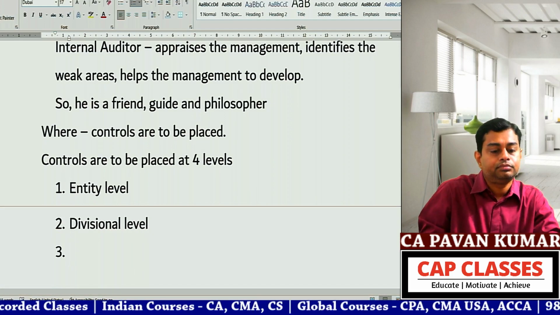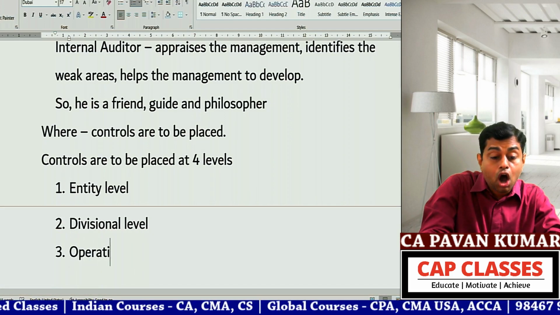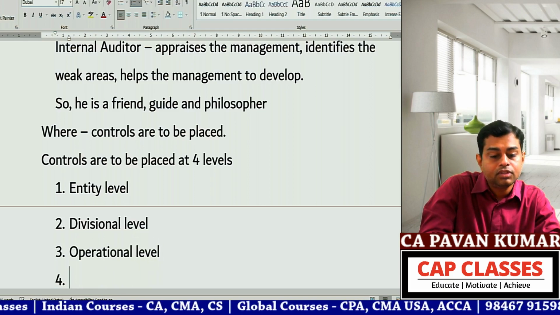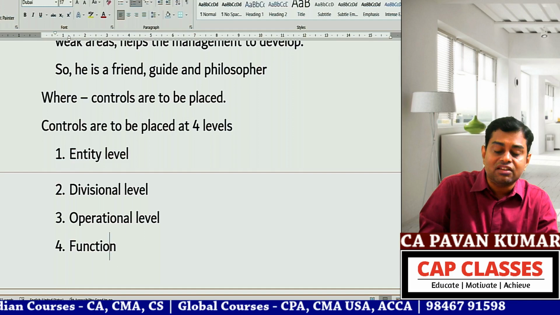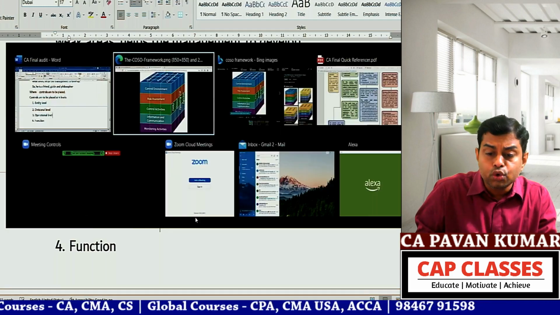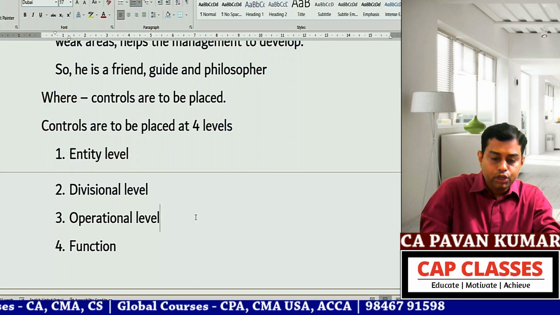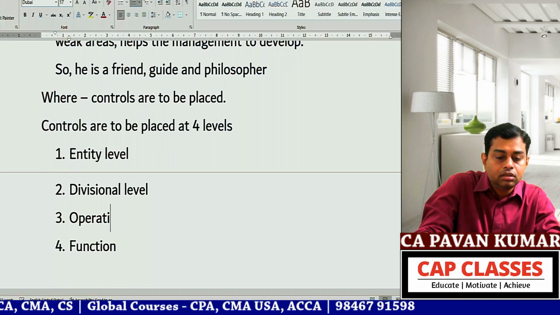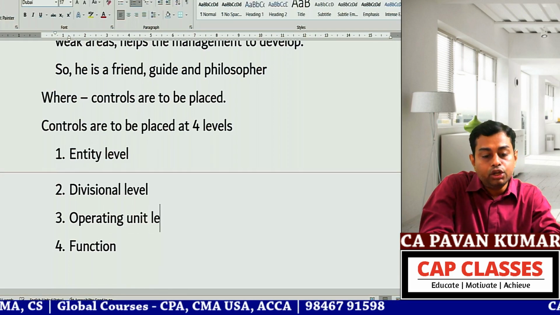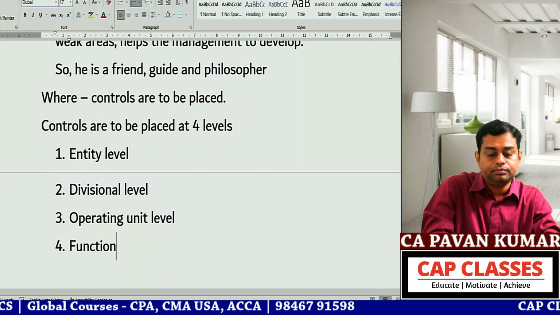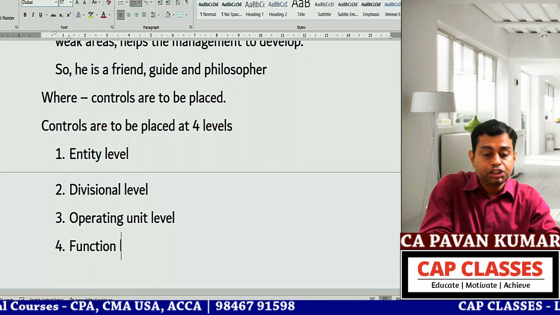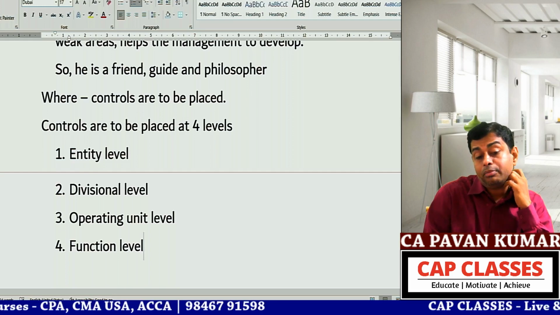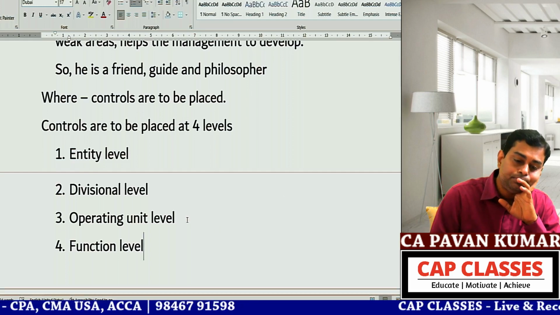Third one is called operating unit level. It is not operational level, it should be operating unit level. Fourth one is function level. Entity level, divisional level, operating unit level, function level.